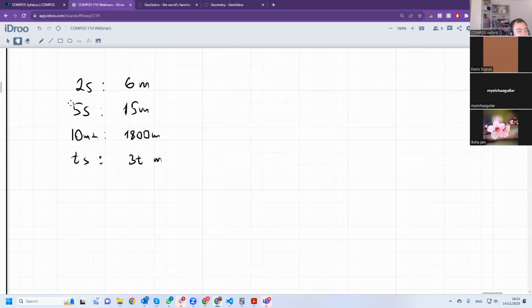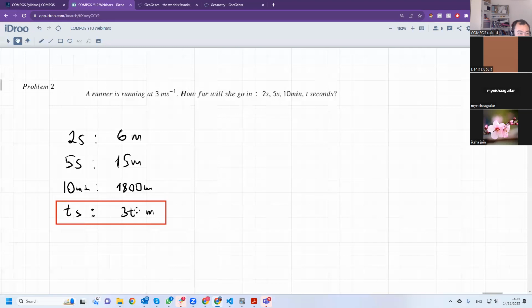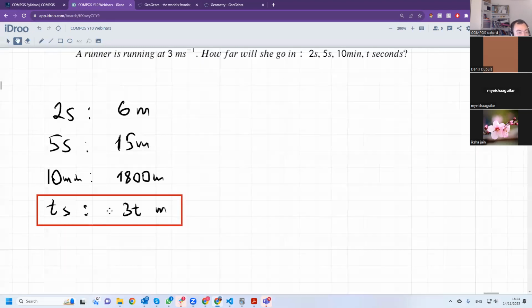But this is what I want you to focus on. At a speed of 3 meters per second, she will travel 3 times t. What if she's traveling at v meters a second?